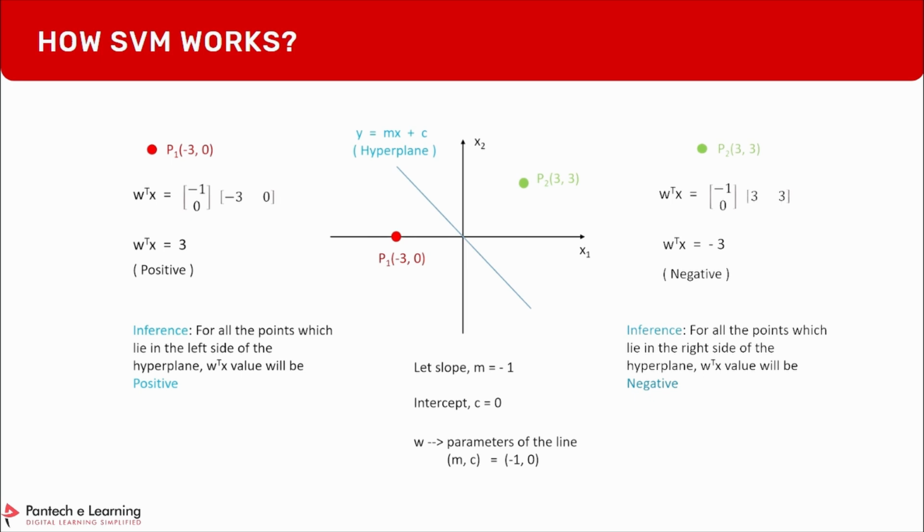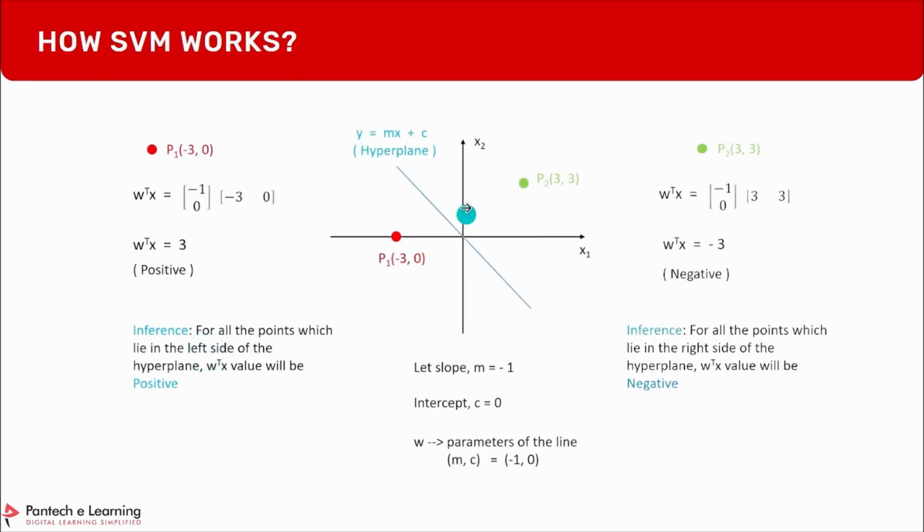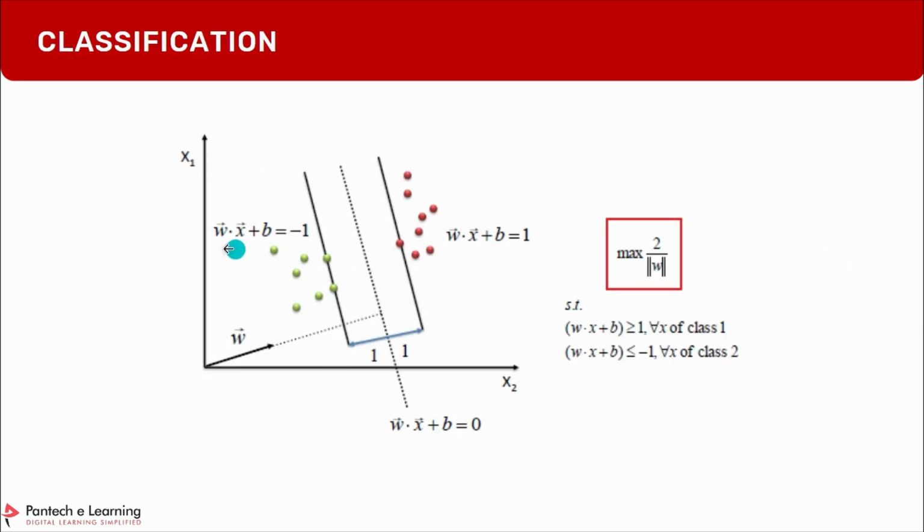So on the left side of your hyperplane, the output from your w transpose x will be positive values, and on the right side it will be negative values. So we'll have two classes, one positive and another negative. And this is the formula finally. Talking about our support vectors, if you have a support vector here and another support vector here, your formula will be like this, which is nothing but this W we are discussing, the dot product with X plus B, a constant, and the output is going to be -1 on the left side.